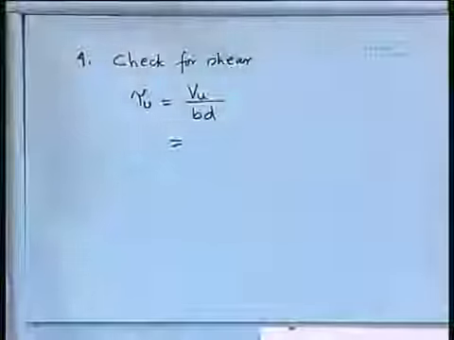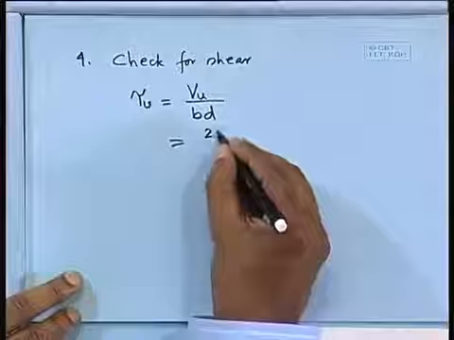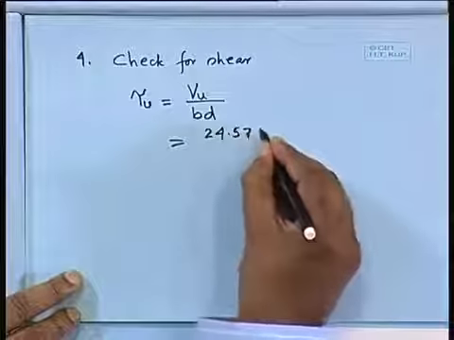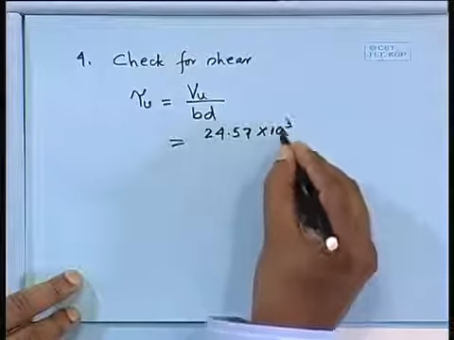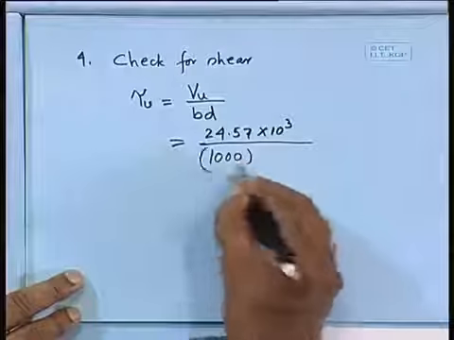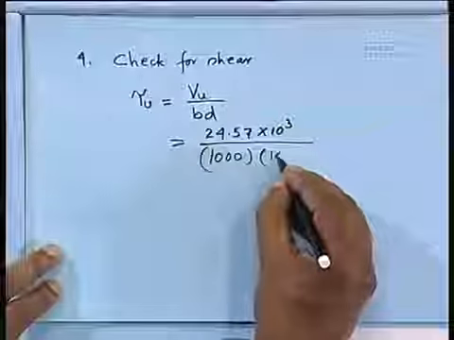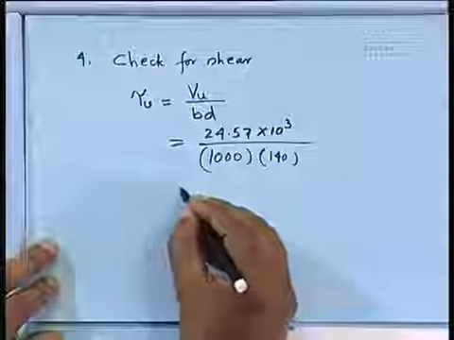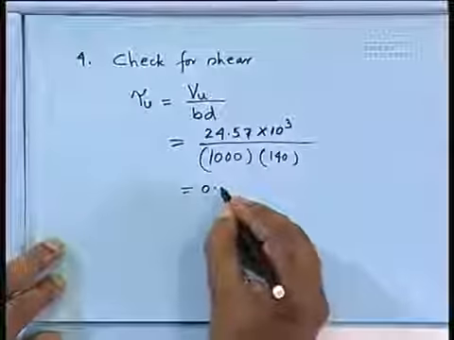So, 24.57 into 10 to the power 3 Newton divided by b 1000 times d 140, which comes as 0.1755 Newton per square millimeter.